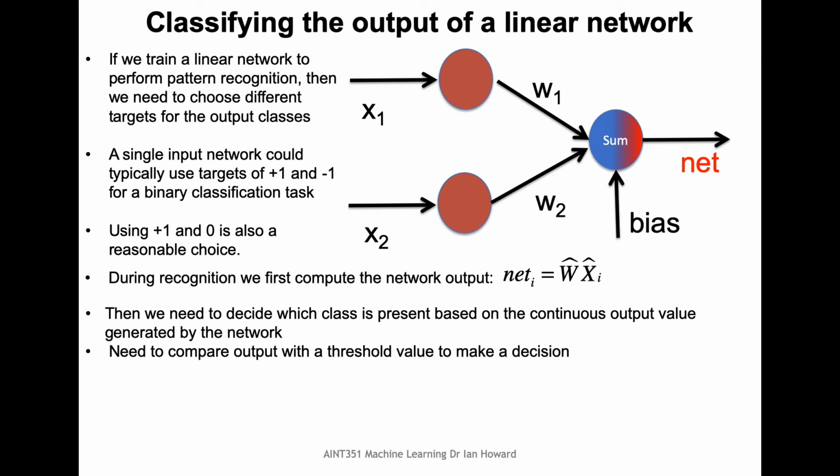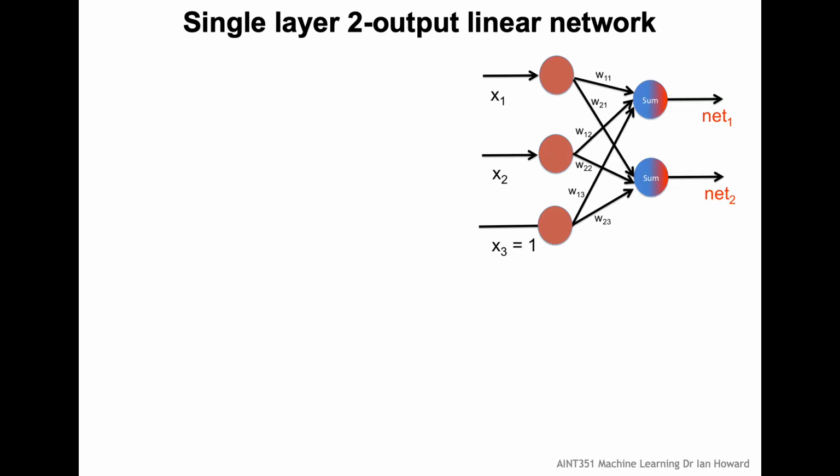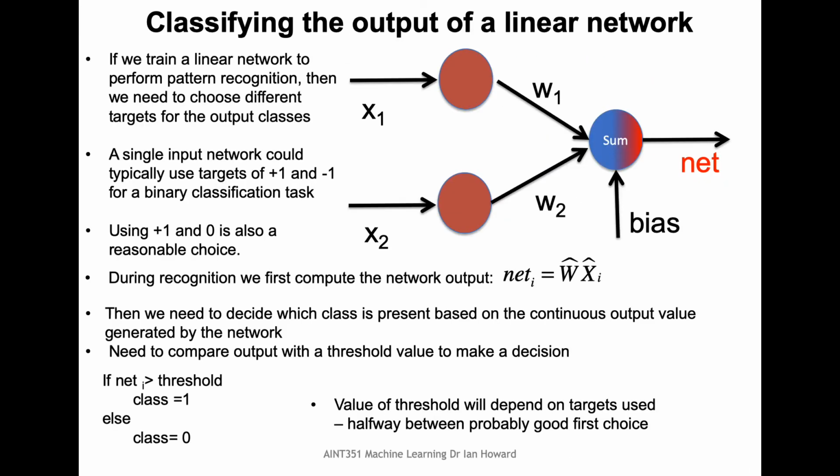So what we have to do is look at the value and compare it with a threshold and say if it's bigger than a certain threshold, it's one class, otherwise it's the other class. And obviously this is a binary condition we're looking into. And typically a sensible thing might be halfway between the two. Thinking back, though, if you remember the discussion of receiver operating characteristics, again it depends. What do we care about? Do we want to make sure that we never miss something we should be getting, or do we care about never making a mistake?